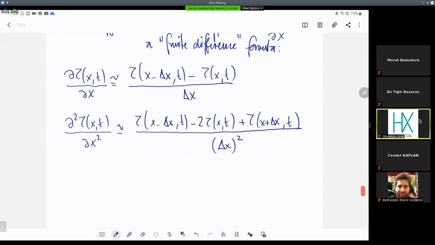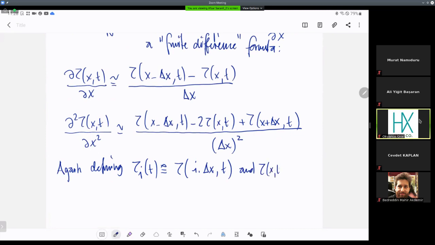Again, we need to define tau I of t as being simply the temperature within that interval, I times delta x, and tau x,t being tau I of t for that interval, for the interval I minus 1 delta x to I times delta x.